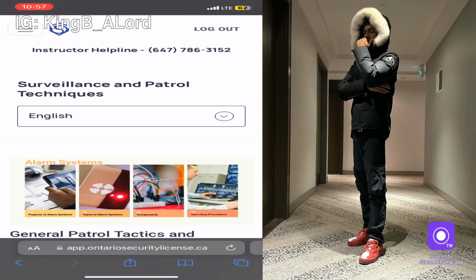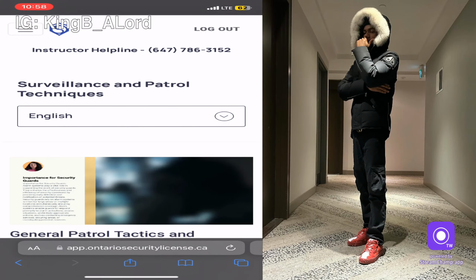Monitoring options for alarm systems include self-monitoring, where individuals are responsible for monitoring and responding to alarms, and central monitoring, where alarm signals are received and managed by a dedicated monitoring station. Central monitoring ensures continuous surveillance and prompt response, reducing the risk of false alarms and enabling timely intervention when necessary.